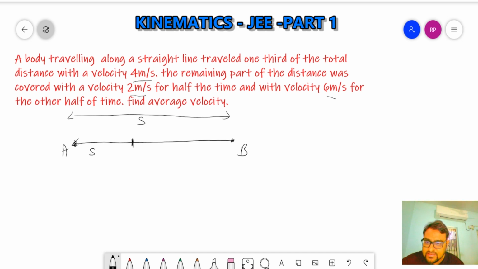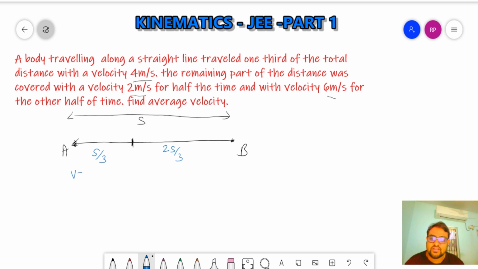This will be S by 3. Clear? So what is the remaining distance? 2S by 3. If I divide it into three parts, S by 3, S by 3, S by 3, this is one portion, S by 3, and this is another portion, 2S by 3. Clear?